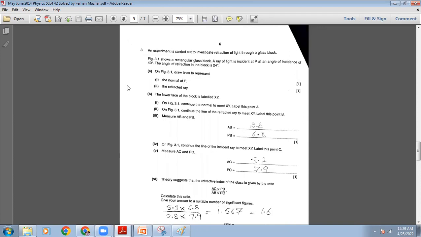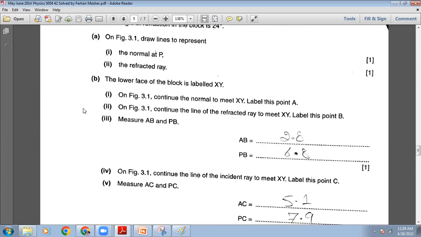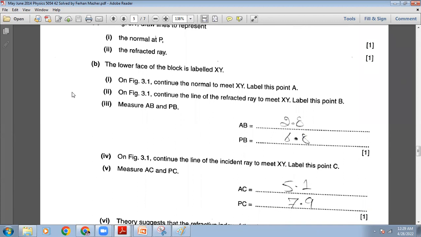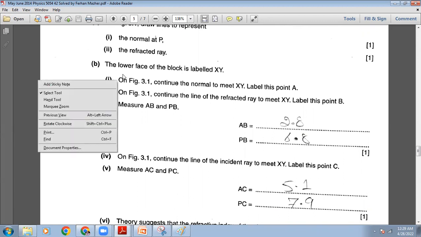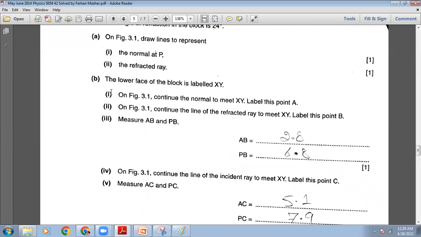The name of the point is B. So the question is to draw the normal at P and the refracted ray, and the angle it makes is 24.